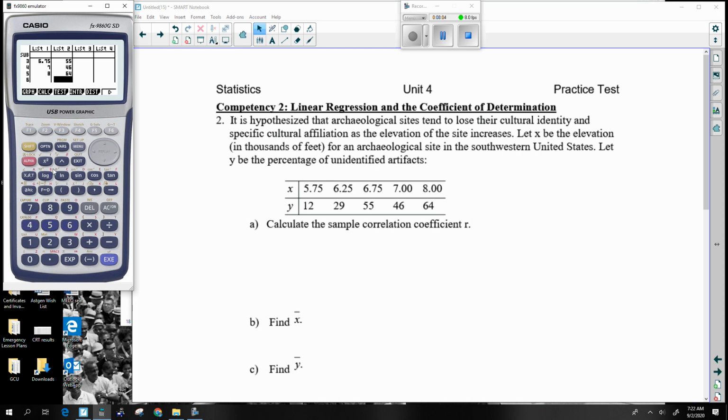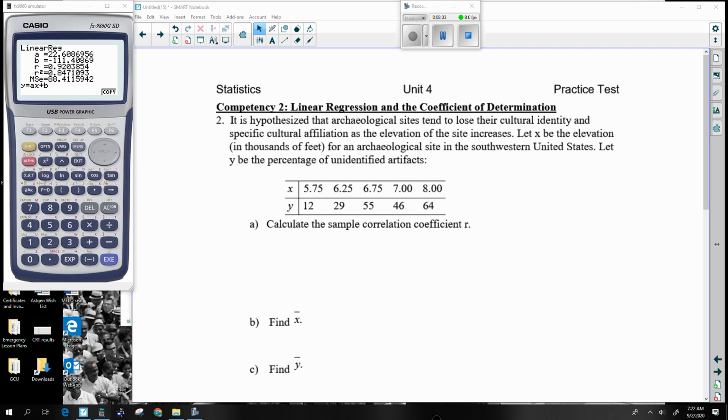We have list 1, list 2, and where we find everything is under calc, regression, x regression, and then you have to hit a plus bx. My calculator doesn't give me that option, so my a should be your b, my b should be your a. Your a and b should be correct.